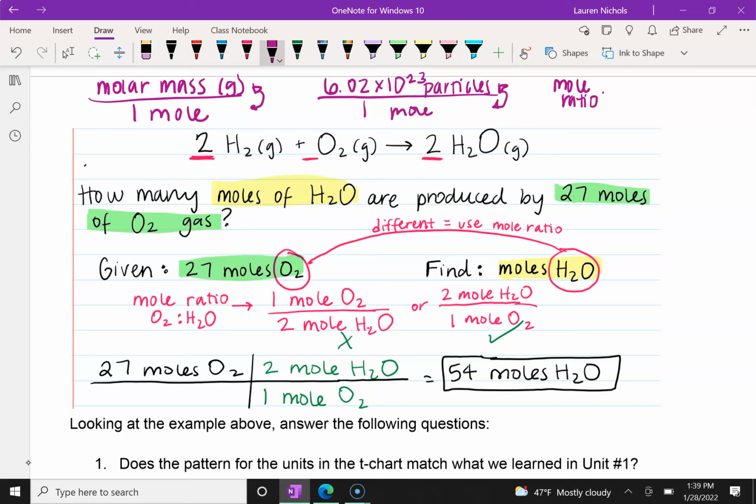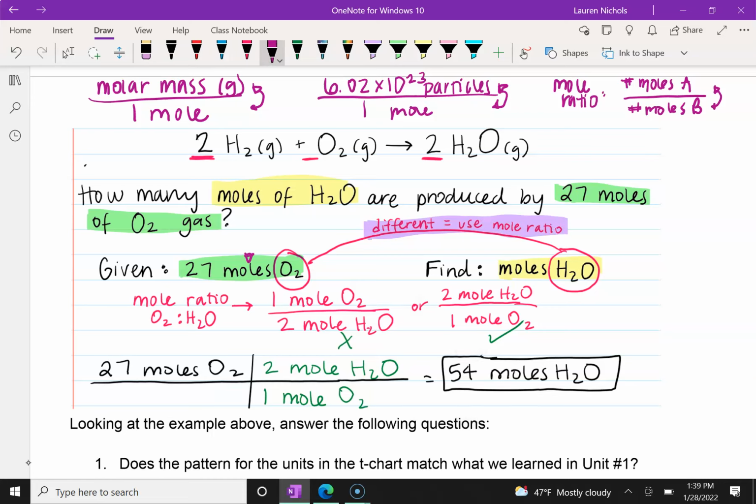And so our mole ratio would be the number of moles of chemical A over the number of moles of chemical B, or flipped, okay? So in this case, the way you know that you need a mole ratio is when your chemical in your given and what you're trying to find is different. So notice here it says that because they were different, that's how we analyzed that we needed a mole ratio.